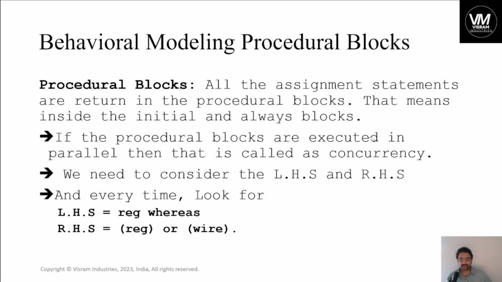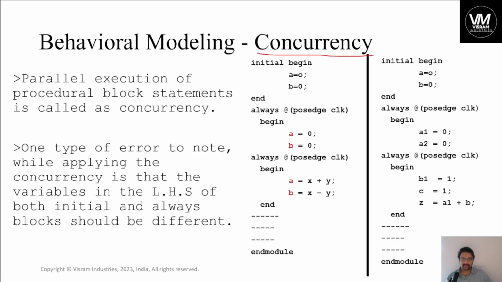We are talking about concurrency. In the same way, in the Verilog HDL file, the parallel execution of the procedural block statements is called concurrency. And there is one type of error to note while applying concurrency. As I said, there can be more than one always block, and there can be another always as well.